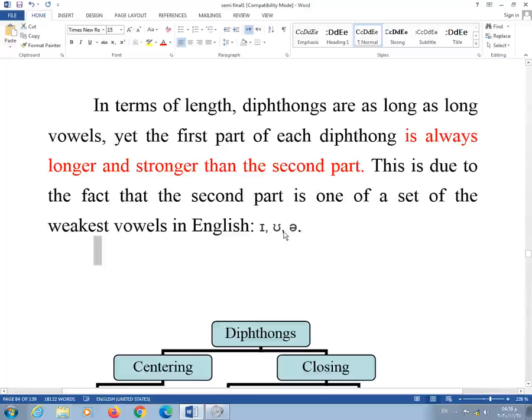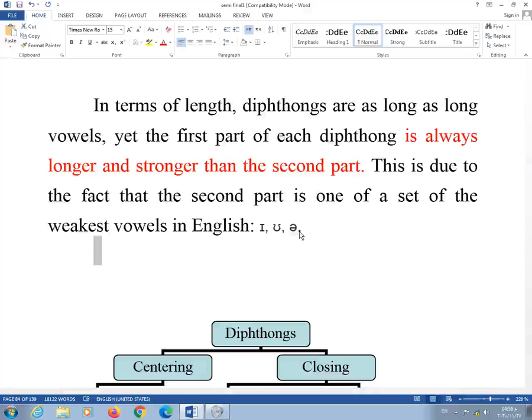They are not as weak as schwa, but they are still weak. So to choose a second vowel, it must be weak, and we have only these three weak vowels. And this makes us say confidently that the second vowel in any diphthong is shorter and weaker than the first vowel.